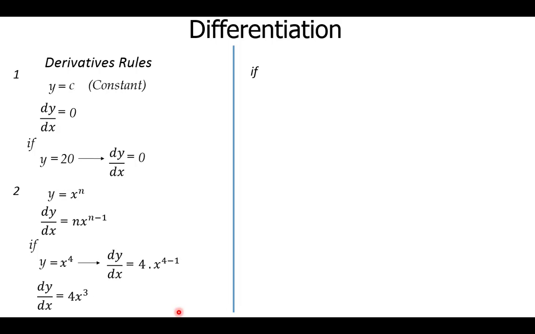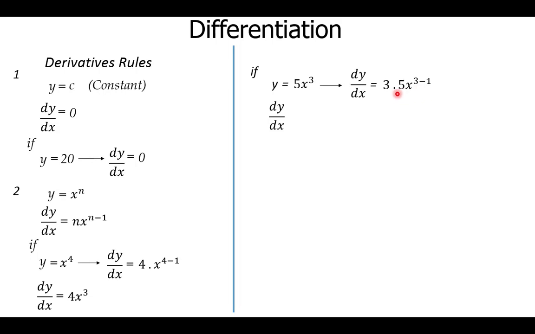If we have that y is equal to 5x raised to power 3, our rule says use the power of x to multiply the coefficient of x. So we're going to be saying 3 times 5x raised to power 3 minus 1. So dy/dx is going to be equal to 3 times 5x raised to power 3 minus 1.